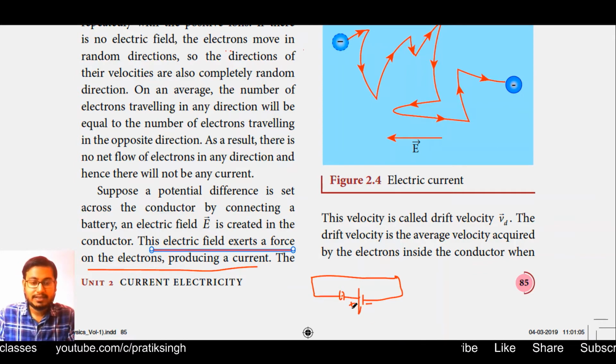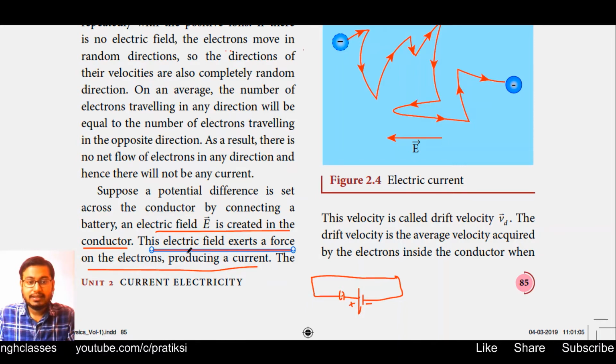What really happens here is, when the conductor is connected to the battery, an electric field is created in the conductor, and this electric field exerts a force on the electrons to produce a current.